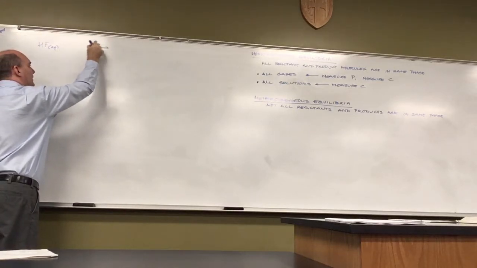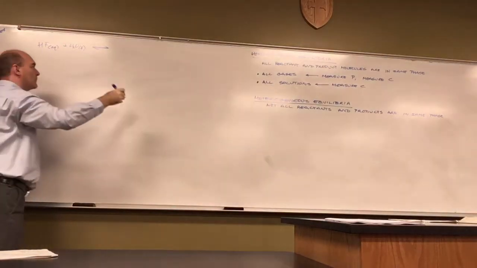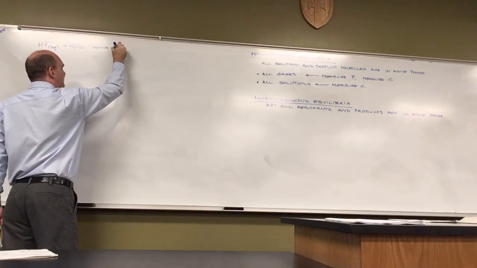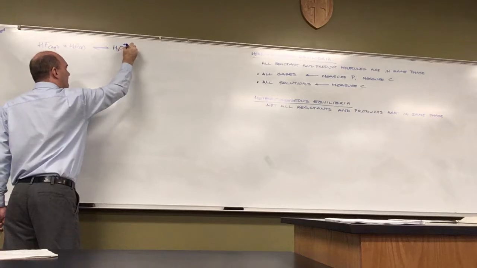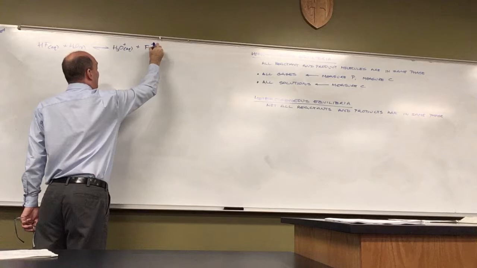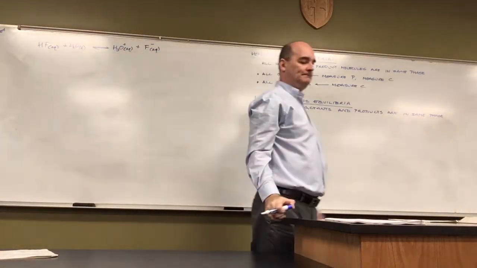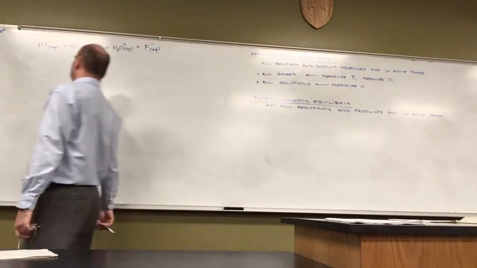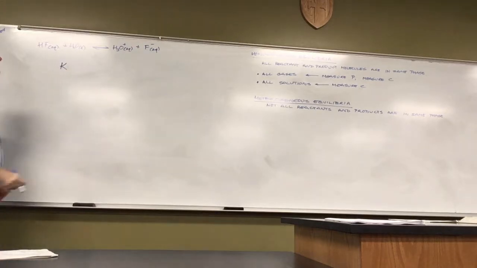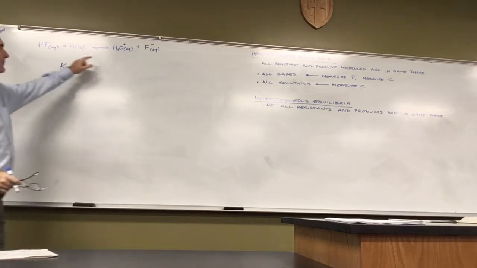It forms an equilibrium. So I'm going to dissolve it in water. And it's going to give away its H+ and form a conjugate base, which is fluoride. Okay? Now, HF is in aqueous solution.